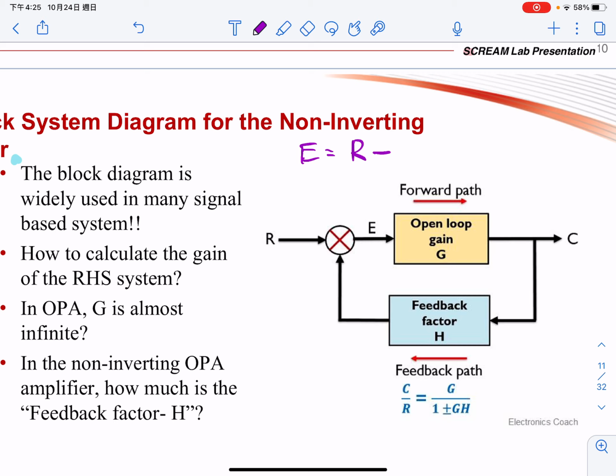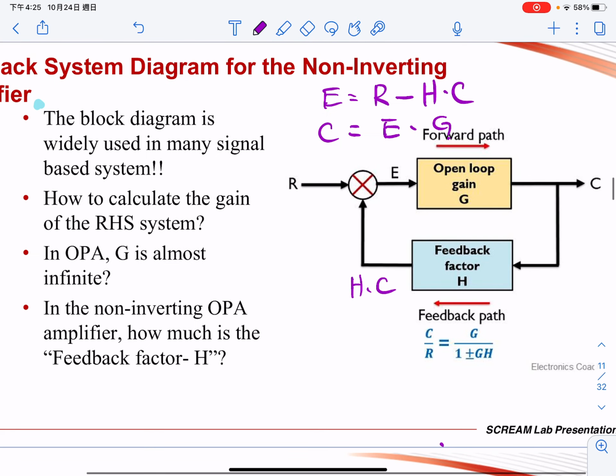H actually is H multiplied by the C. So E will be R minus H multiplied by the C, right? But what about C? C actually is the E multiplied by the G, right? So let's replace E by R minus H of C. So C will be equal to R minus H times C, times G, right?